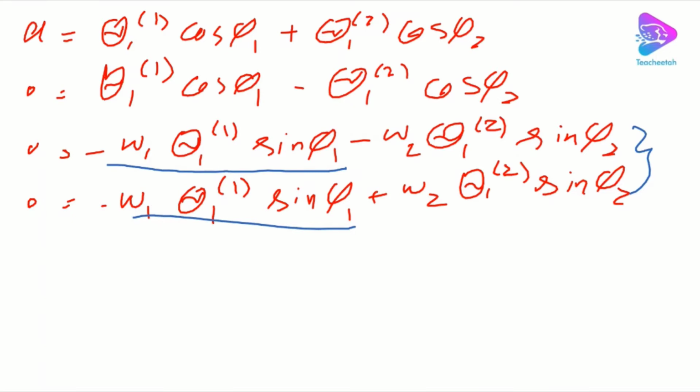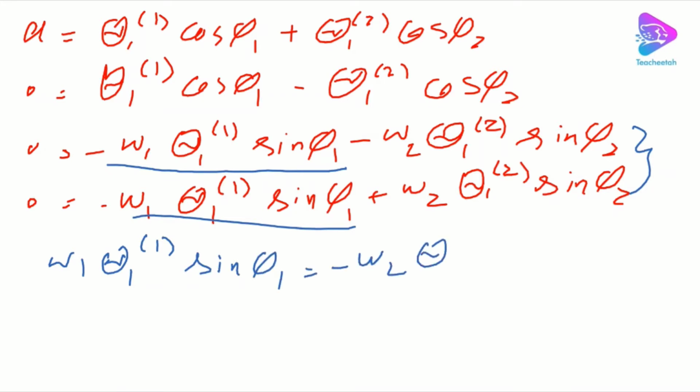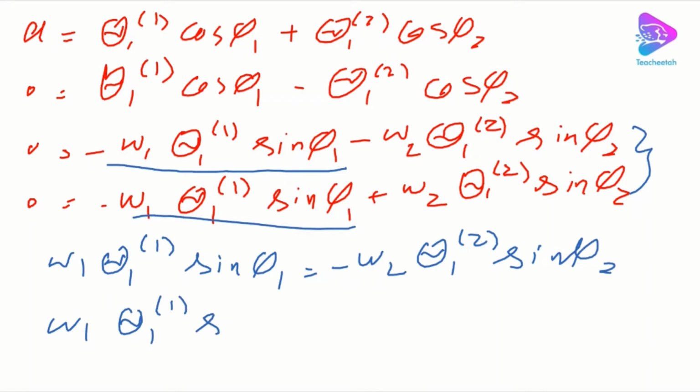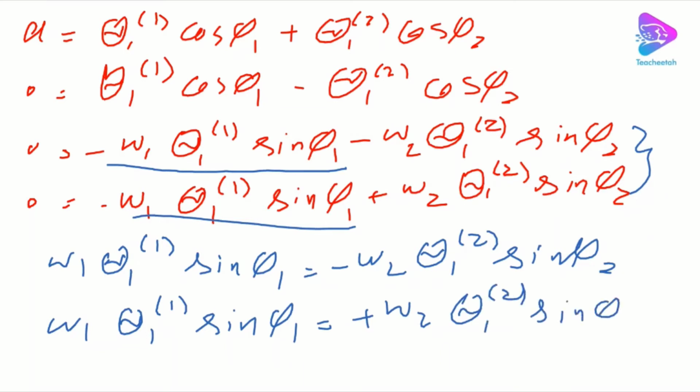We have omega 1 theta 1 1 sine phi 1 is equal to minus omega 2 theta 1 2 sine phi 2, and this one gives us omega 1 theta 1 1 sine phi 1 equal to plus omega 2 theta 1 2 sine phi 2.